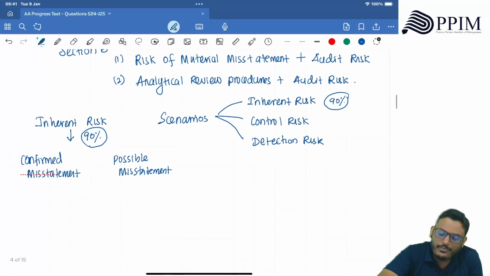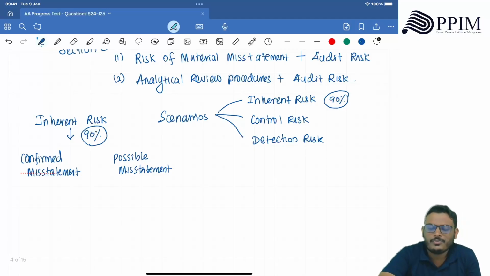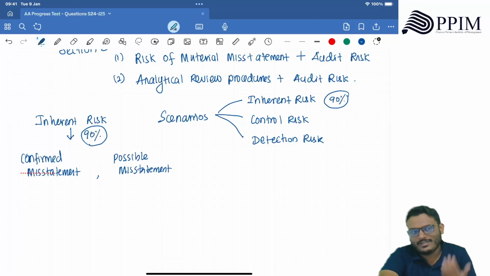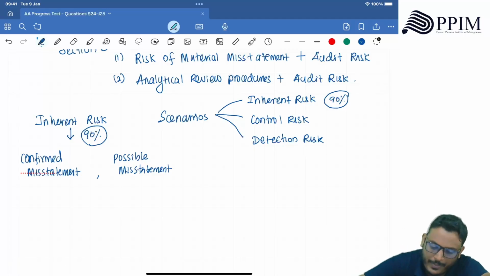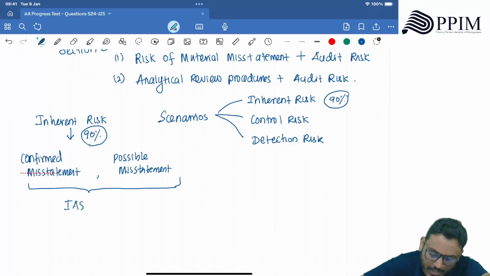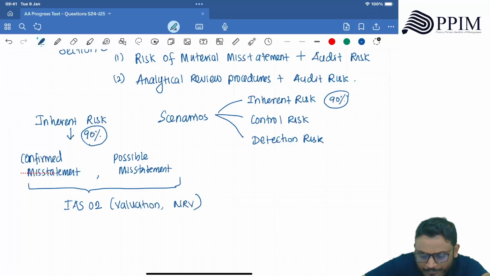See, confirmed misstatements, the breach of standard. Possible misstatement, which is not a breach of standard. These are the two perspectives examiner can test inherent risk within the story. This time, examiner can test these areas. For example, IAS 2 inventory, inventory related valuation in NRV.